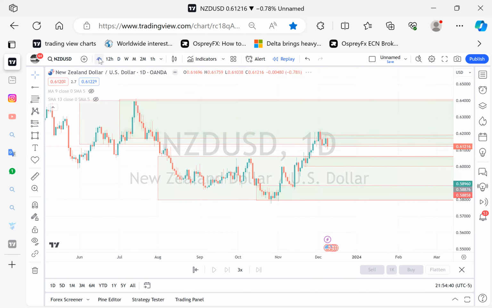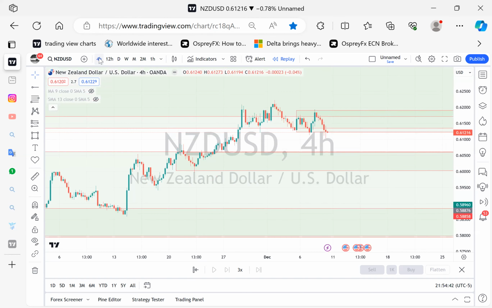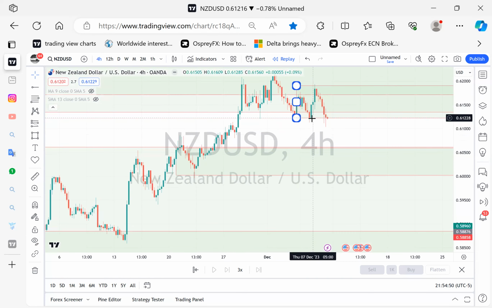Now we'll drop to the 4-hour. We want to do the same thing on this 4-hour chart, right? And we don't see any order block on the 4-hour chart. There's no bearish order block, at least on the 4-hour chart.